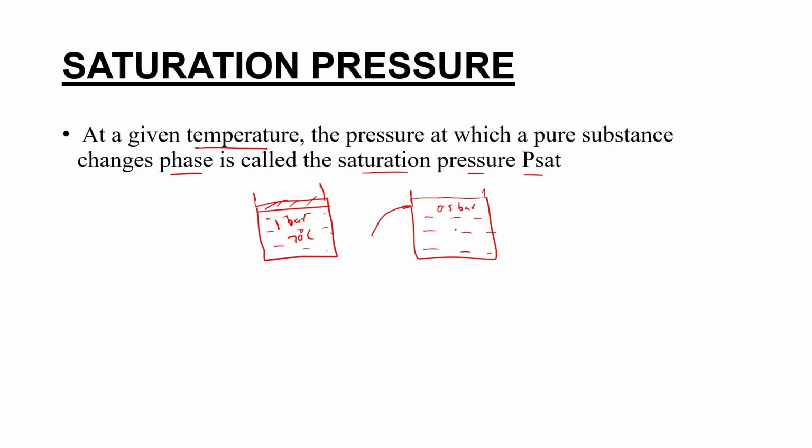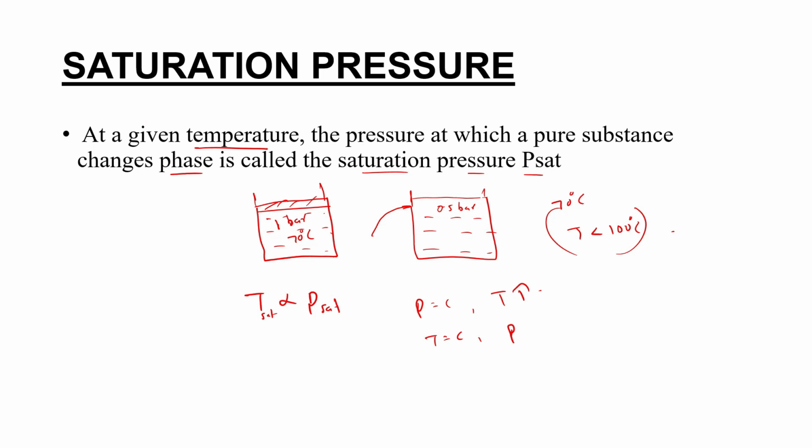In that case, water can boil maybe at 70 degrees, at a temperature less than 100 degrees Celsius. That means temperature and saturation pressure are directly correlated. You can either keep one as constant and then change the other, or you can take the temperature constant and reduce or increase pressure to change the phase. Okay, that can happen on either side.